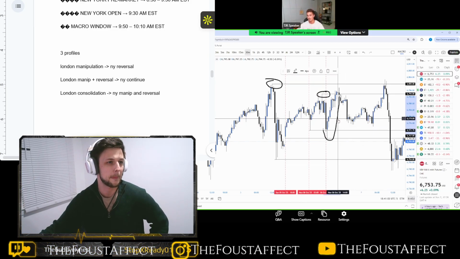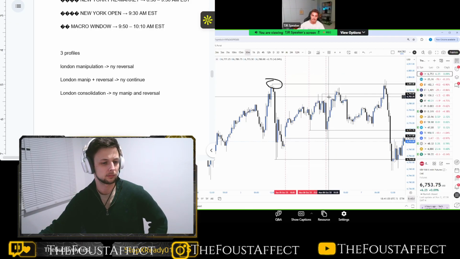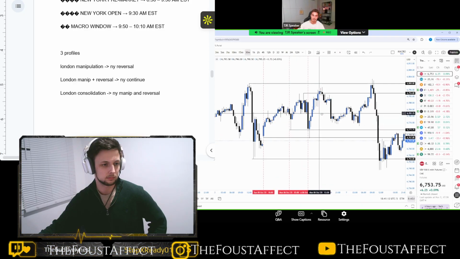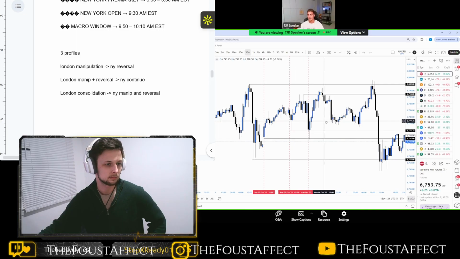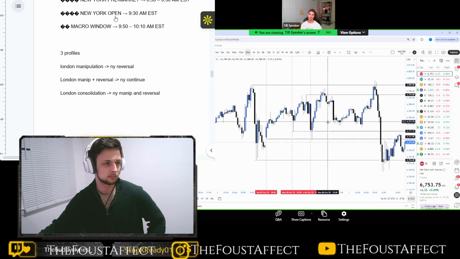That's one of our daily profiles happening in real time in front of our face. We see that London session didn't do anything. There was no form of manipulation, no form of reversal. Awesome. We know that it's going to be a New York manipulation and reversal. So we can expect New York to push into one of these high time frame draws on liquidity to manipulate, and then we can look for New York to give us some form of reversal towards our other draws on liquidity.